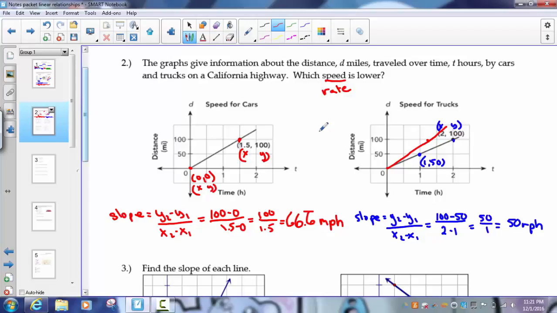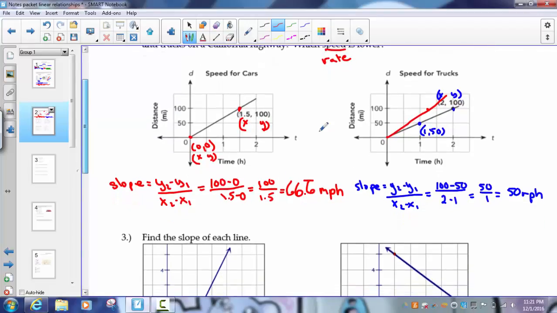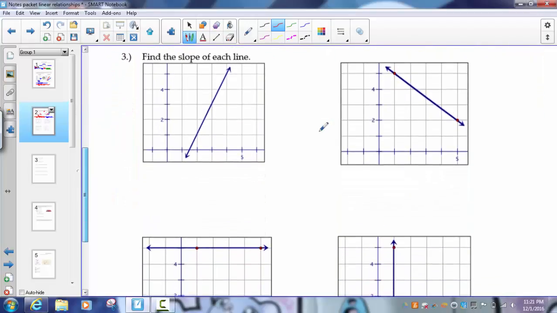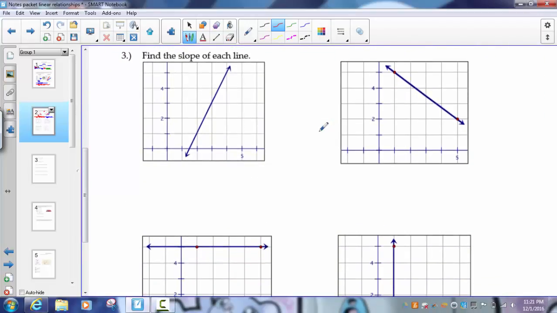Right, so what I'd like you to do is try this same technique with these 4 graphs here. So for each one of these, pick 2 points that are easy to see. For example, here 1 point might be 2 comma 1. Pick a second point on this line that you would like to use, and then use the slope formula to calculate the rate.